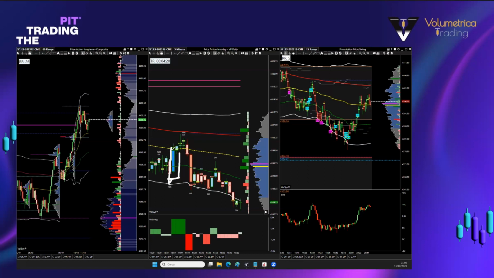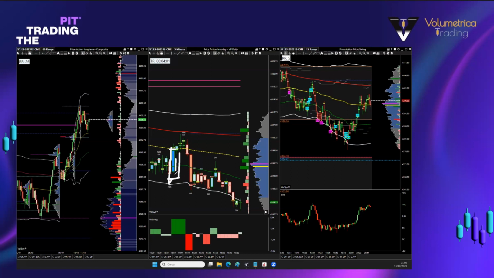Also, the shading of the candle tells you how actually strong that delta is. Of course, a dark green with the blue, well, this is my color coding, but of course you can customize your own if you're using Volsys platform.